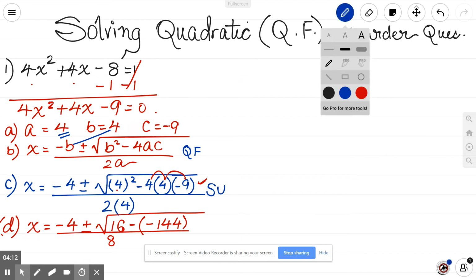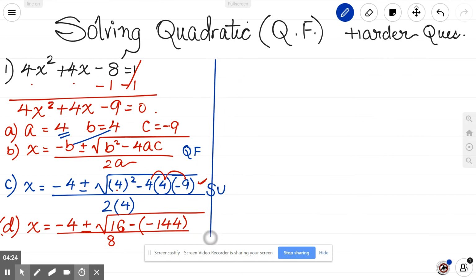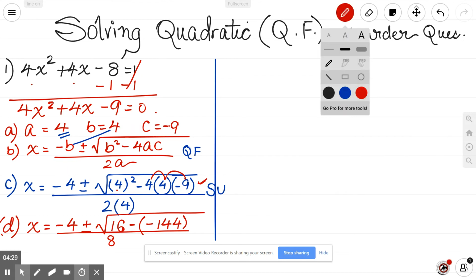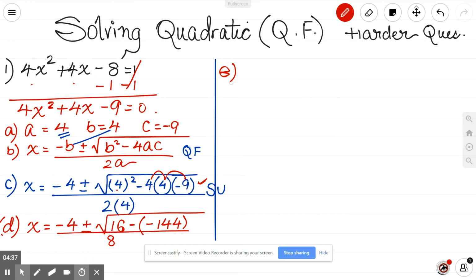All right. So now in the next step, students, maybe I should draw a line here to make my work look neat and clean. There we go.